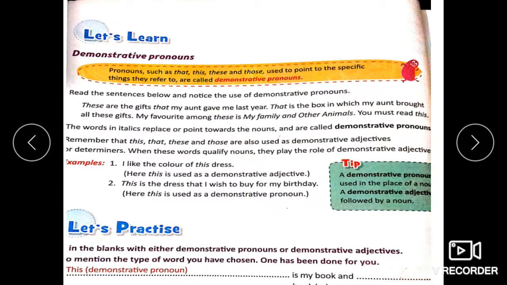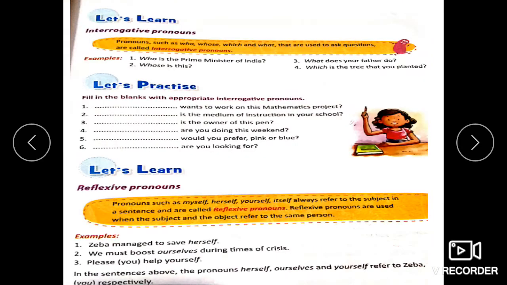In this practice exercise, you have blanks to fill with demonstrative pronouns or demonstrative adjectives, and you will also mention whether the word of demonstration is being used as a demonstrative pronoun or demonstrative adjective. Do this as homework, and when you receive the word doc with my answer key, you will be verifying your answers.